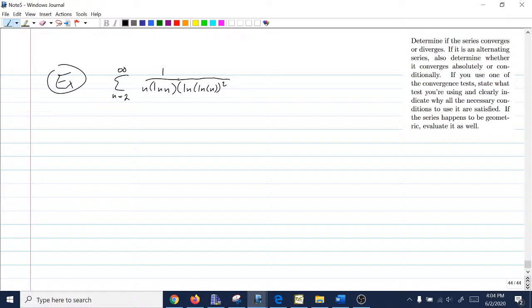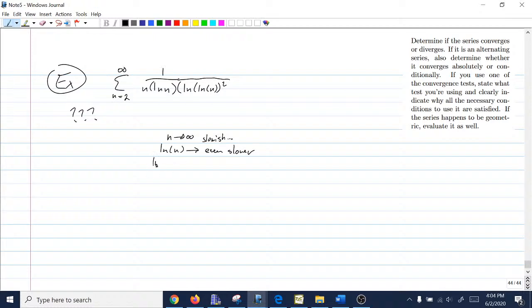How do I do this series? What would I try? I've got all these tests. The comparison tests are usually the biggest ones. I want to understand about how big this thing on the denominator is. If I have n plus things that are smaller than n, I say n is bigger. n goes to infinity pretty slowly. Log n goes to infinity even slower.